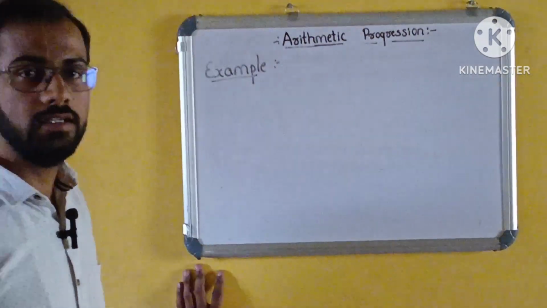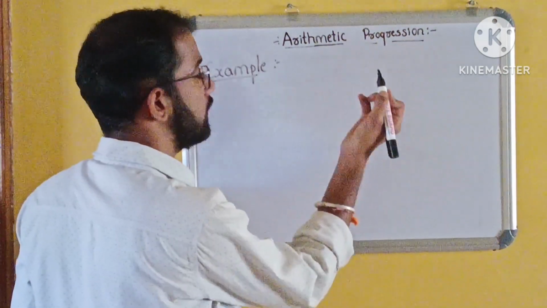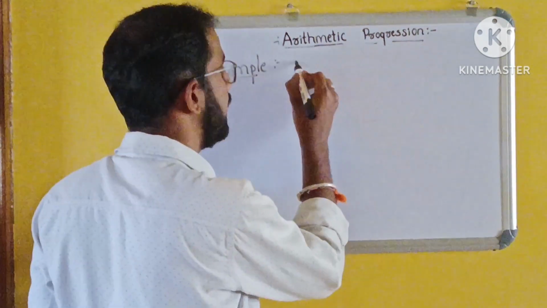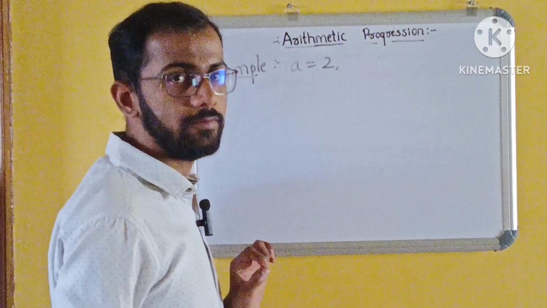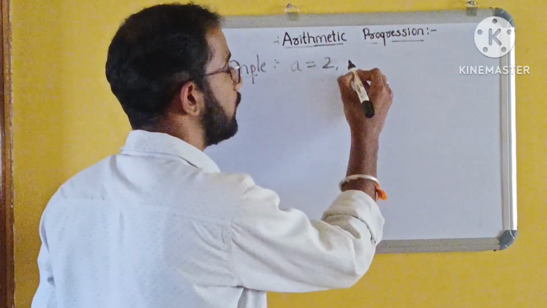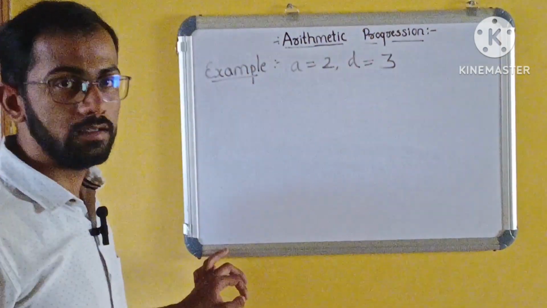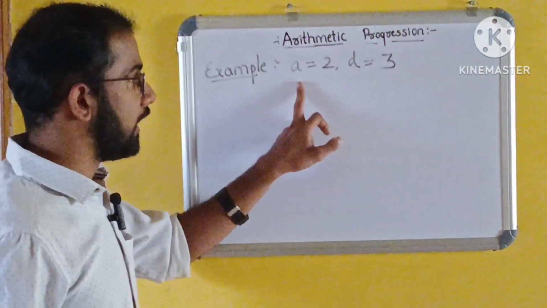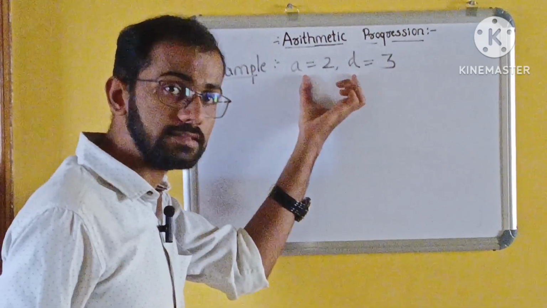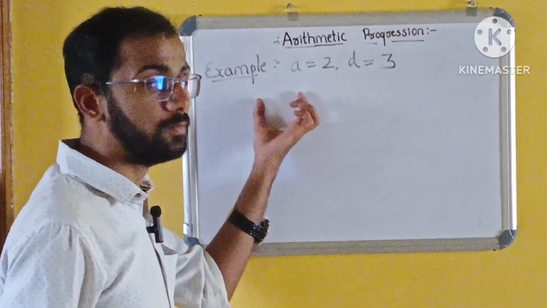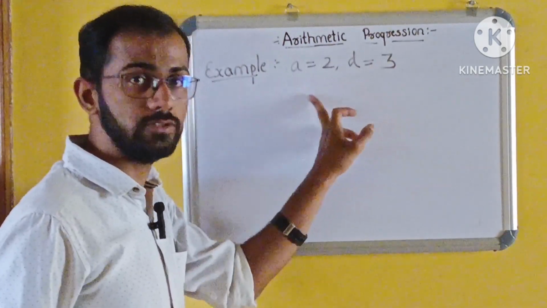In the examination, it might be possible that they give you a first term a as 2, and also a common difference d as, let's say, 3. Using this data, they are asking you to form an arithmetic progression. How can we form an arithmetic progression using these two data?